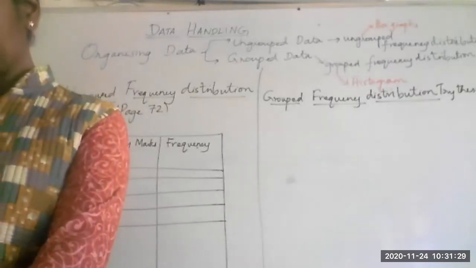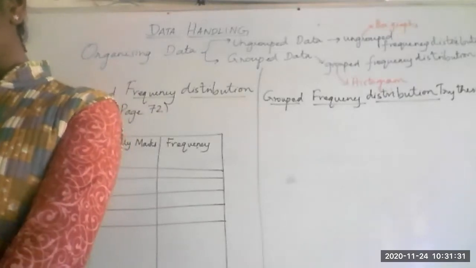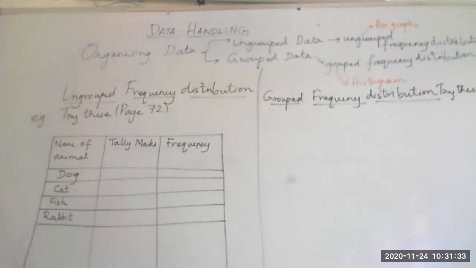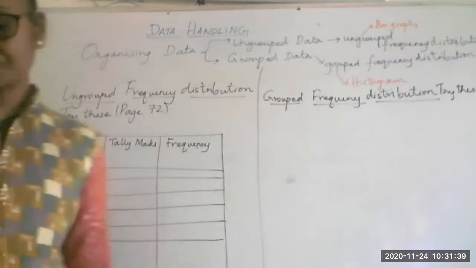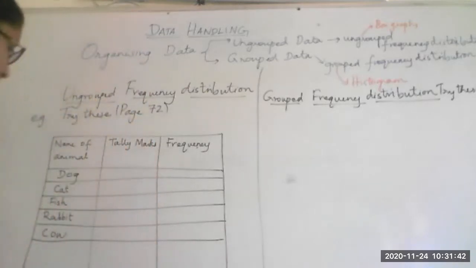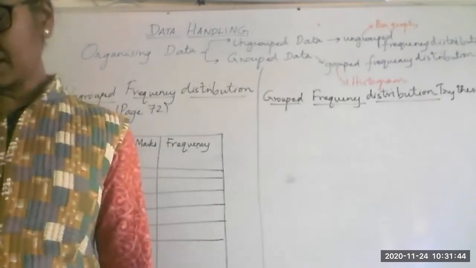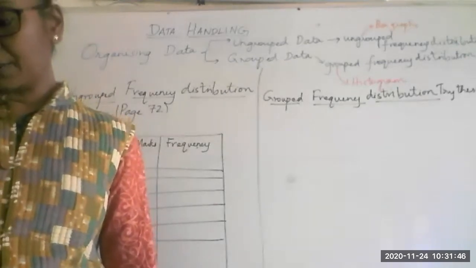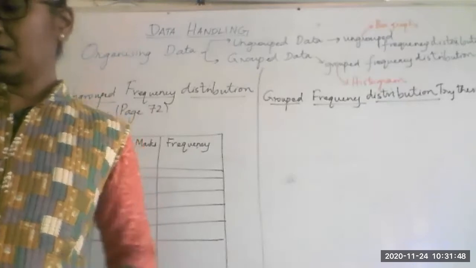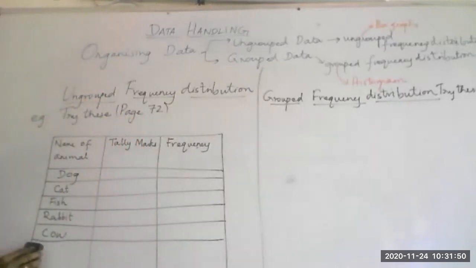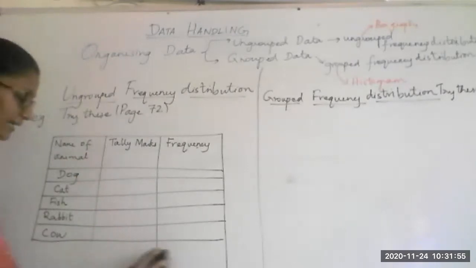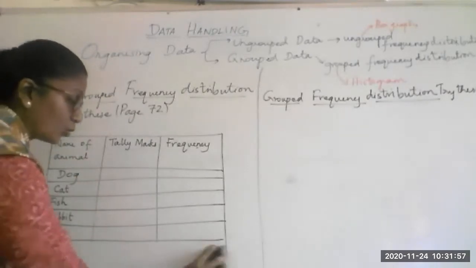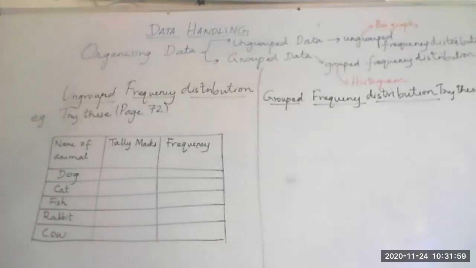After rabbit, is there any other animal? Cow. Cow is quoted. Okay, cow. Go on. Any other animal that I have skipped? Fish. Okay. No. Dog. Again, rabbit, cat, fish, dog. Okay, I think we have exhausted everything. So your tabulation ends here. These are the 5 variety of animals which a group of students would like to have as pet.